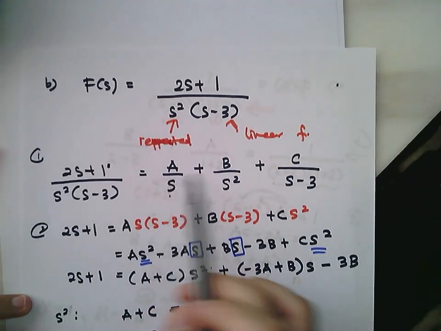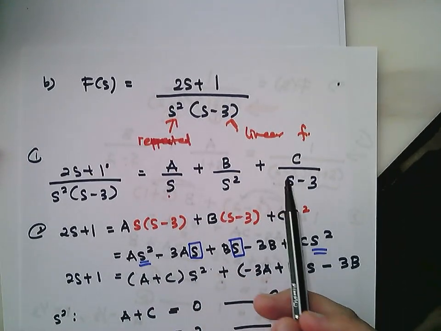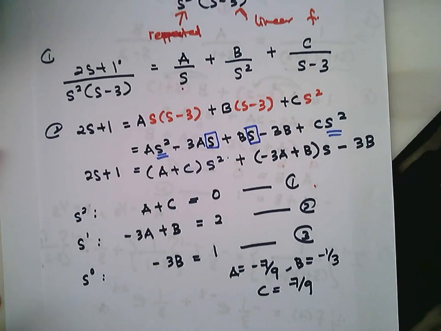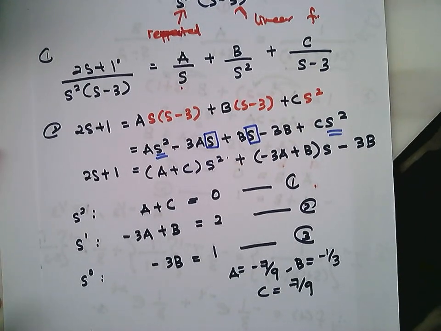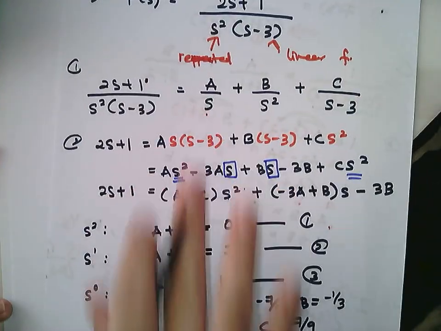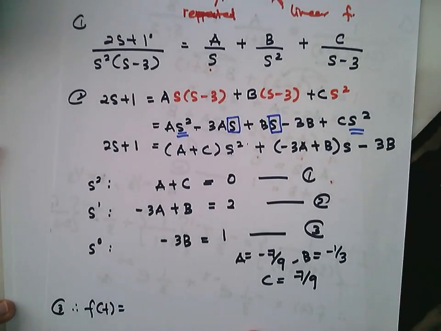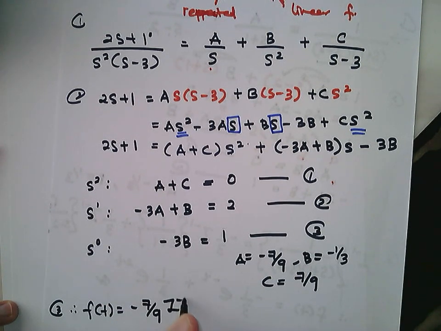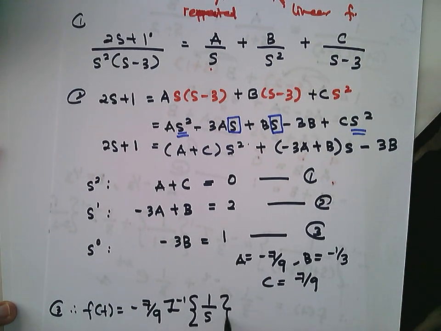Now you already have the values of a, b, and c, so you can substitute back into this one and get the inverse of the function. Therefore your f(t) is equal to, the first one is a over s. What is your a? Your a is equal to negative 7 over 9. This is a constant, so factorize: negative 7 over 9 Laplace inverse of 1 over s.